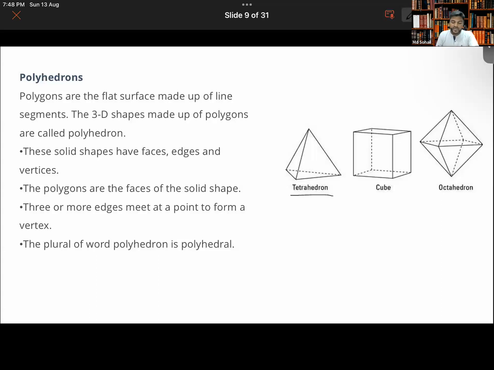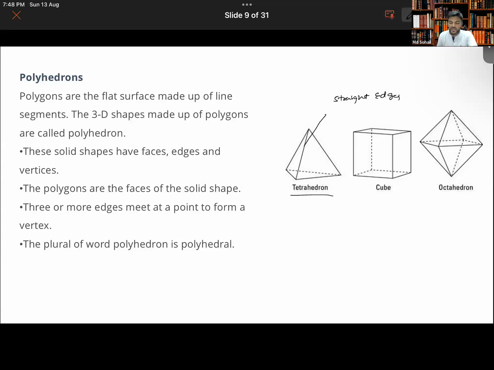Here you will see that edges are sharp, they are straight edges. This cube and this octahedron also, you can see the edges are very straight, and the corners, that is vertices, are sharp.